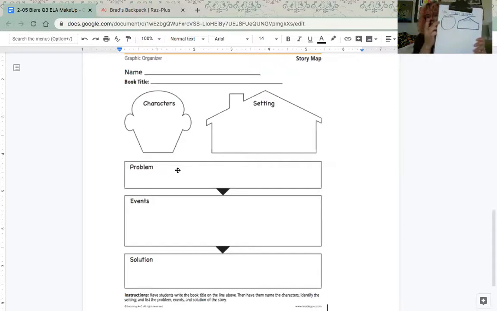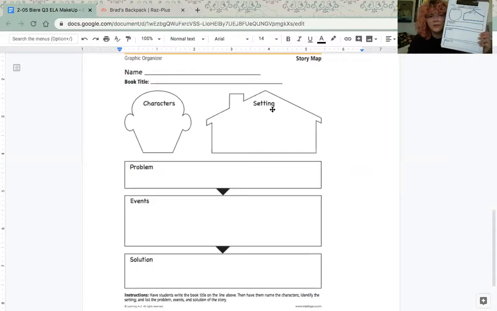So I've got the who, I've got the where, and then I'm going to draw 3 more boxes. One where I'm going to put the problem. One where I'm going to put events that happen in the story. And then finally a box that says solution. How did the characters solve the problem?